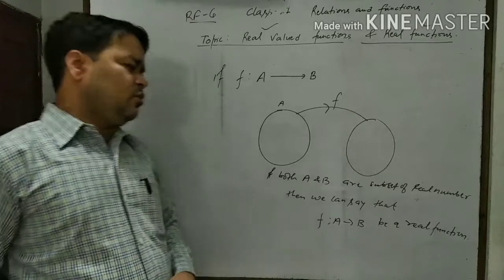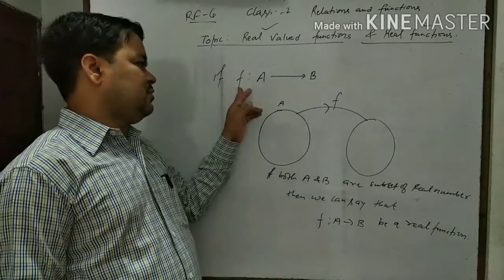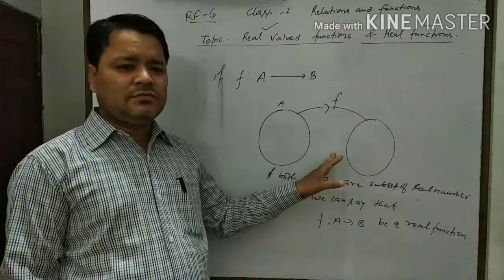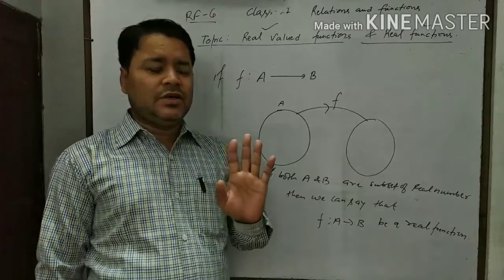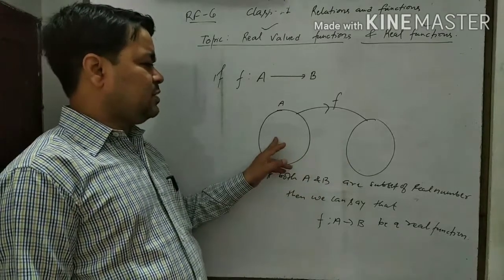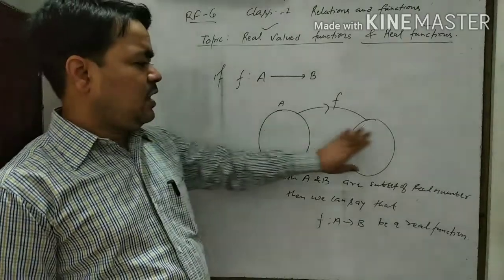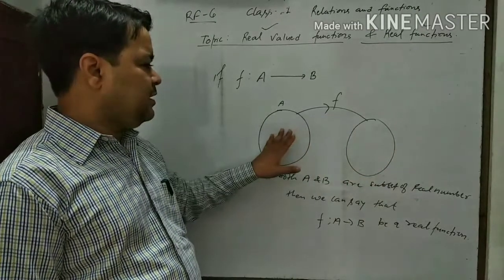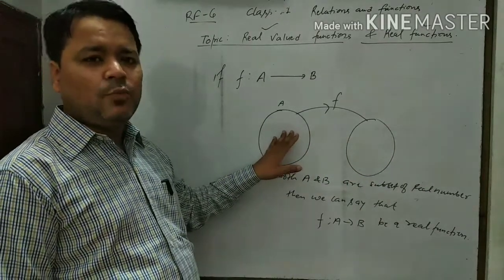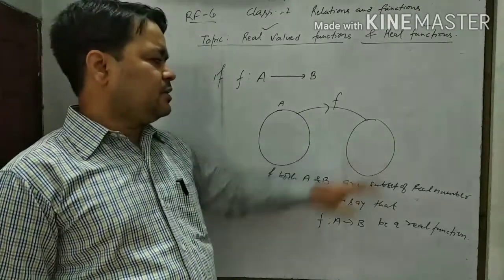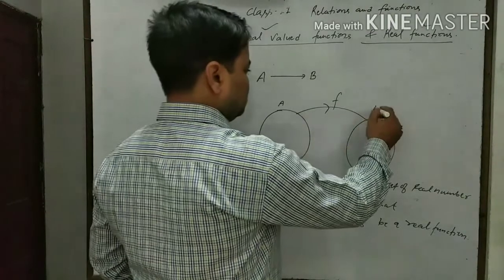What is the condition for a function to be a real function? One and only one condition. Set A is in the form of domain, set B is in the form of codomain.